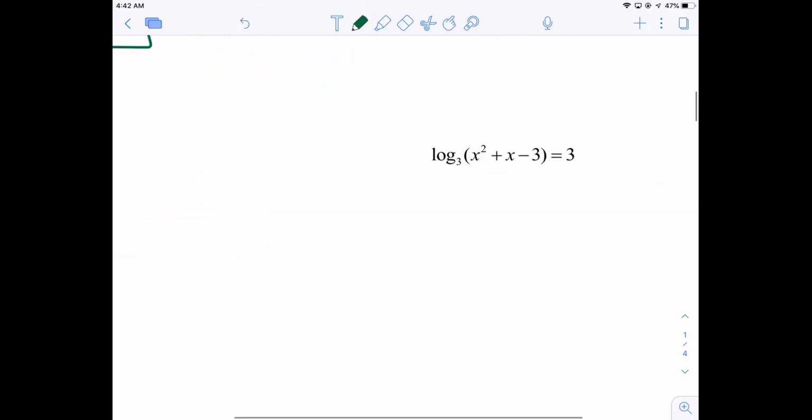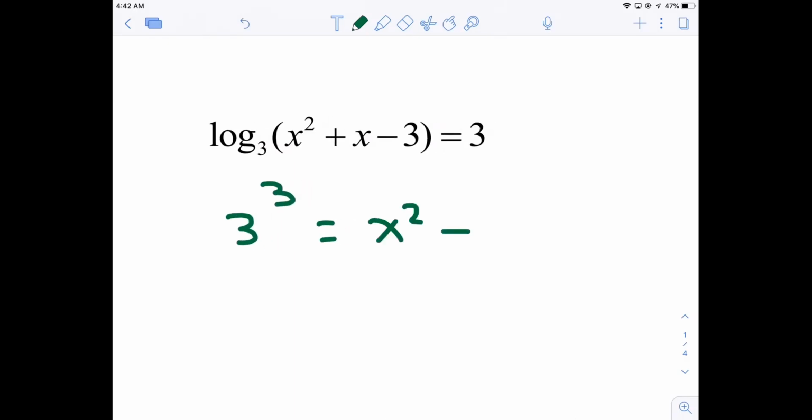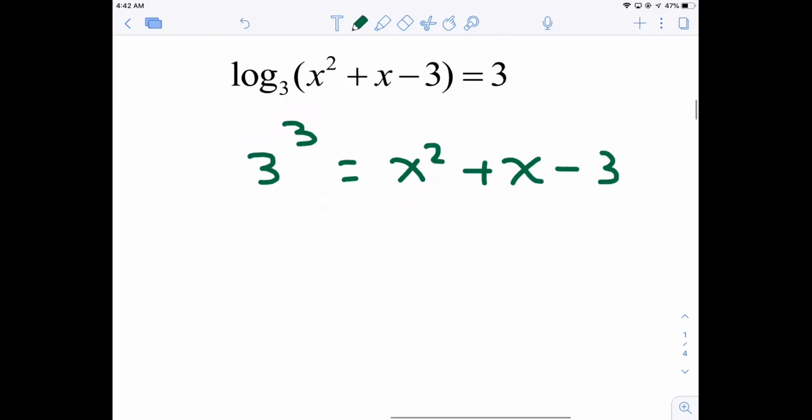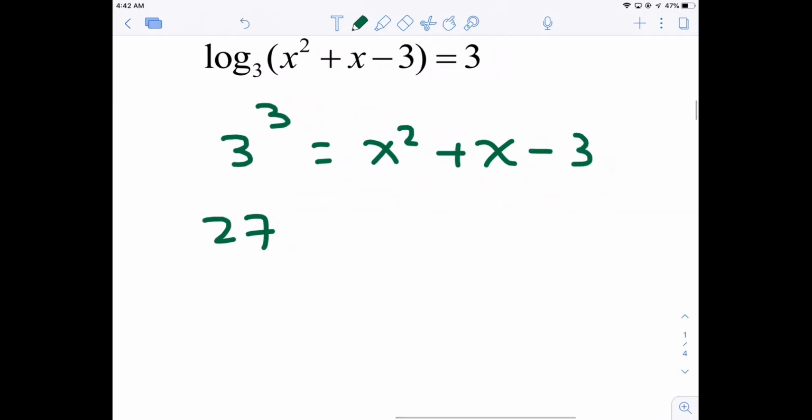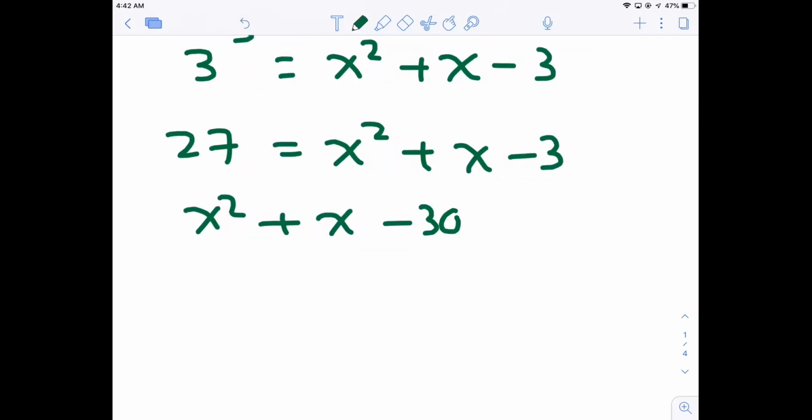Cool. All right. And here, changing this to exponential form, we get 3 cubed is equal to x squared plus x minus 3. And we got this nice quadratic to solve. So I'm not going to talk through this. I'm just going to do it. What is that? Minus 30.